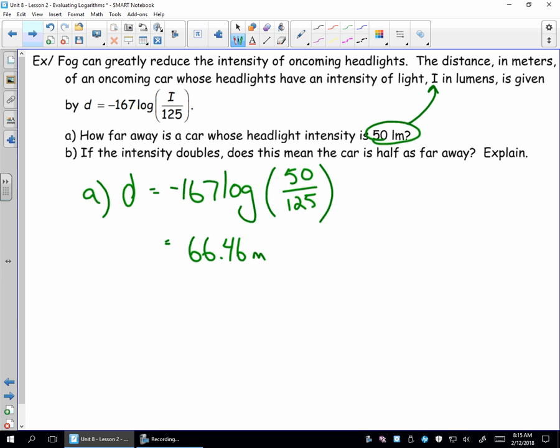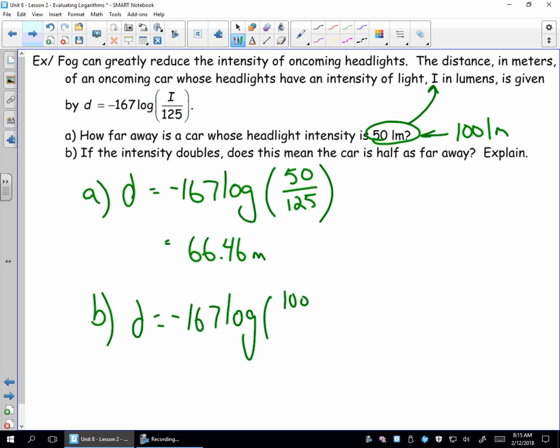In part B, if the intensity doubles, does this mean the car is half as far away? Well, if the intensity doubles, our intensity was 50, right? Now we're going to go to 100 lumens. Let's see how far away the car is now. Okay, so exact same expression, double intensity, our distance is 35.1.